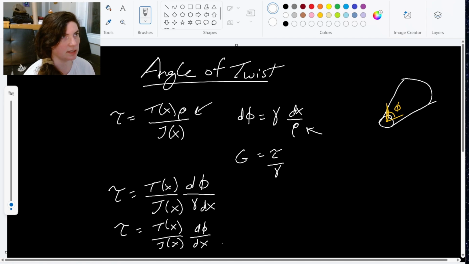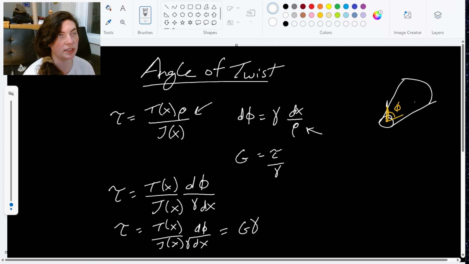I'm actually going to set this equal. I'm going to put gamma in here, and instead of this tau, this shear stress, I'm going to say this equals G times gamma, because what that'll let me do is cancel out my gammas so that I can rearrange this equation and solve for that angle of twist.